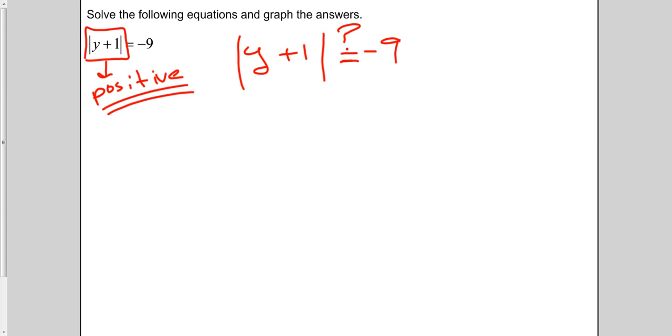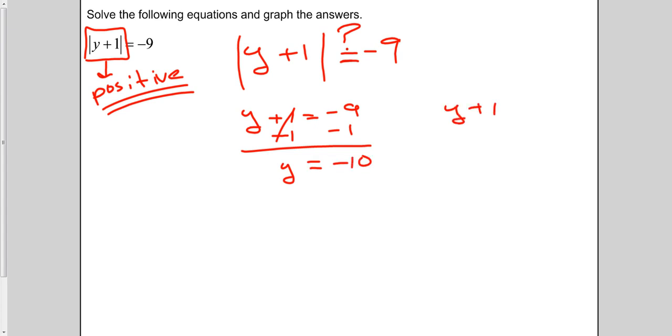If we were to use the system we were using before and solve as if we didn't see that originally, we would get y is equal to negative 10, and then we would do the opposite case. So it used to be negative 9, so we're going to do positive 9, which means the left case, and we get positive 8.